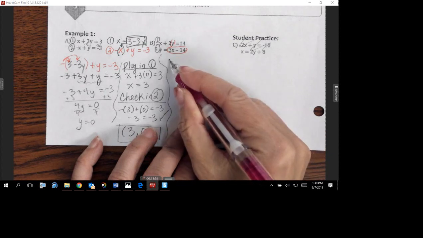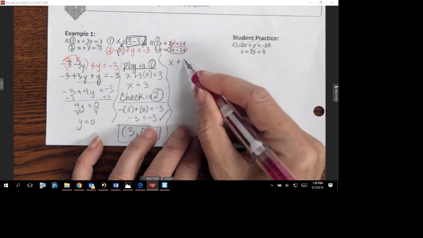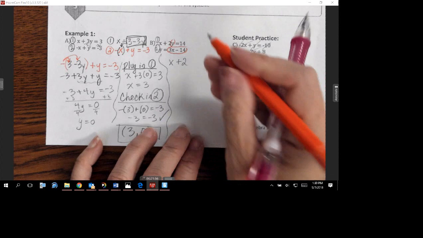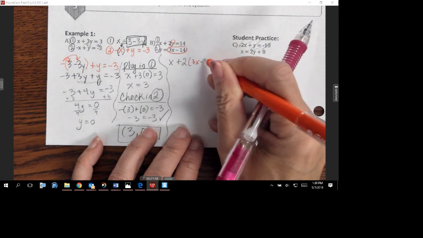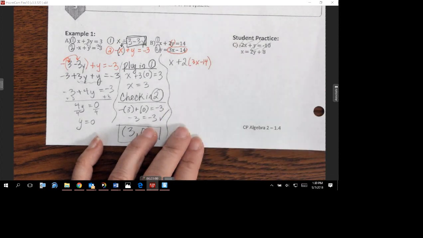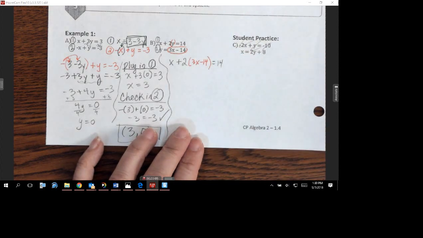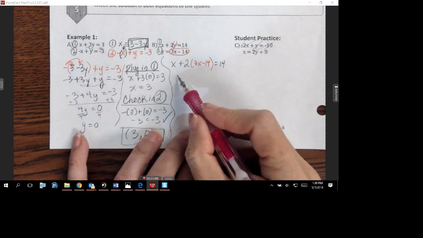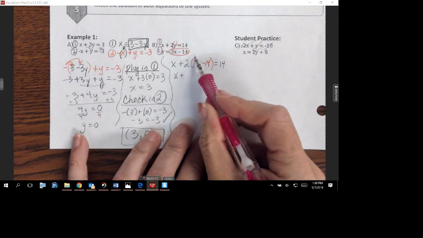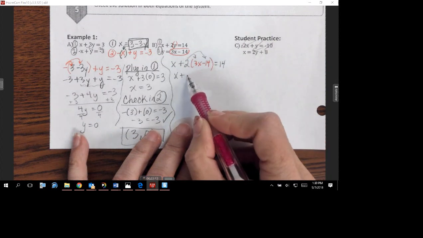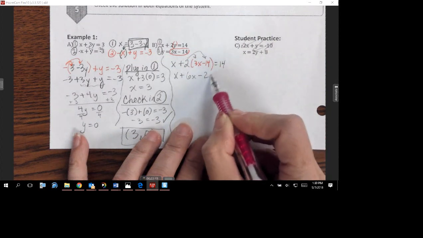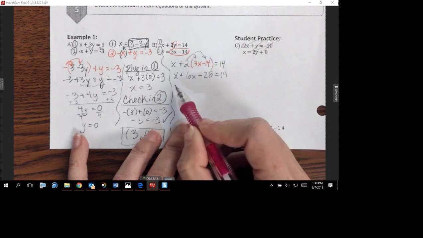So I will write x plus 2 parenthesis 3x minus 14, that's what y equals, equals 14. So I substituted that in. Put one equation into the other.